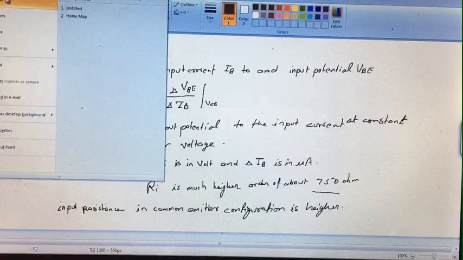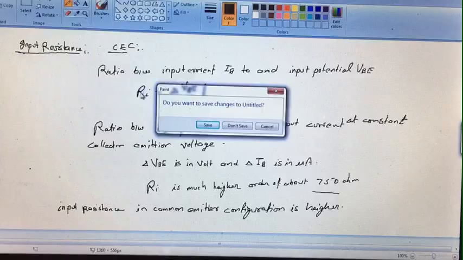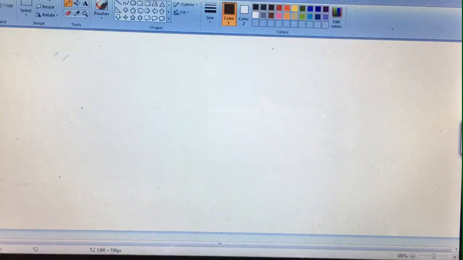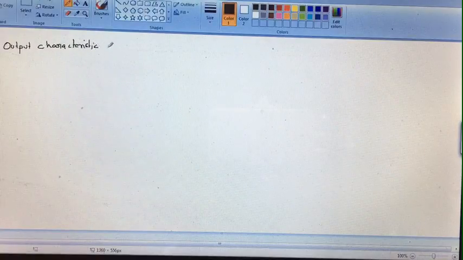Next point is output characteristic of common emitter configuration.